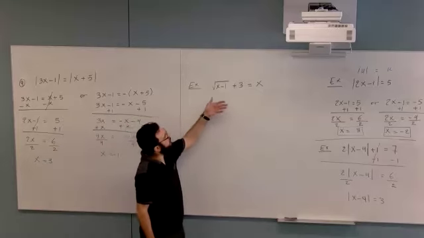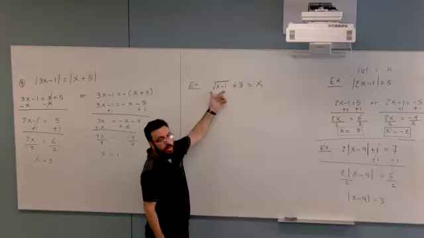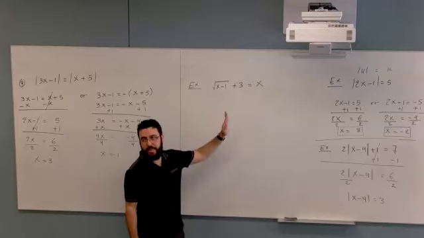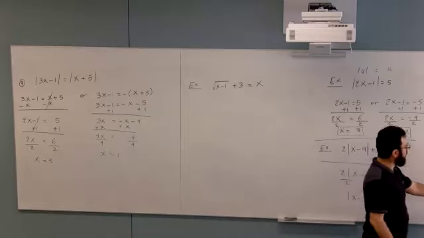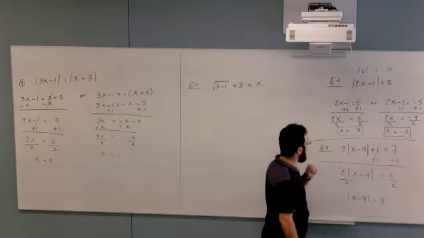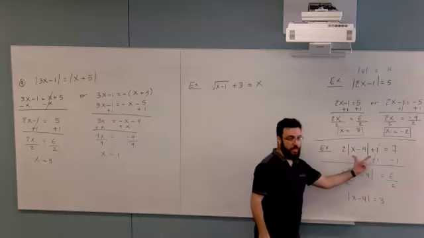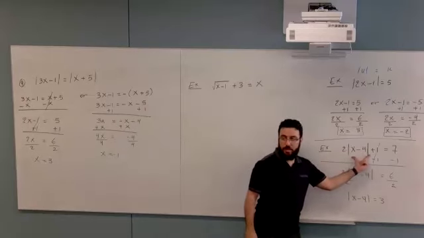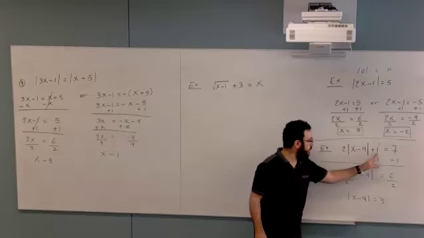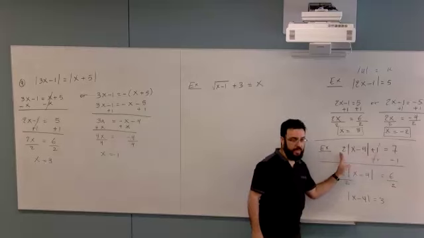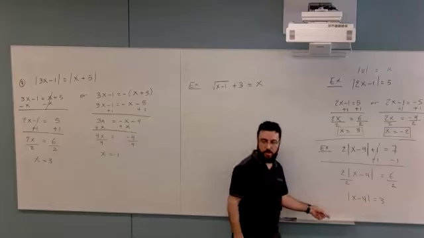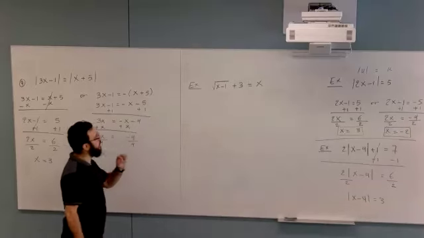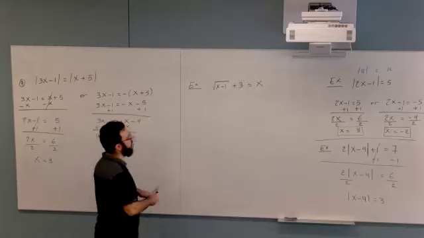So I have to make sure to keep this radical by itself on one side, the same thing as when we did with the absolute value. You have to keep the absolute value by itself. So we moved the 1, we divided by 2, and now the absolute value is by itself. So I'm going to do the same thing to keep the radical by itself, which is what I'm going to do now.